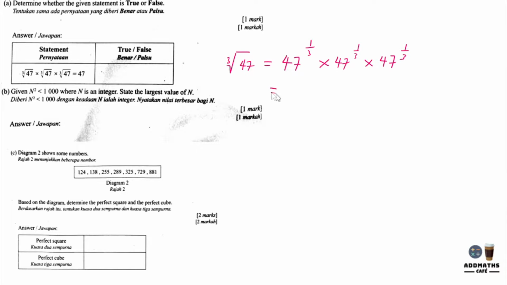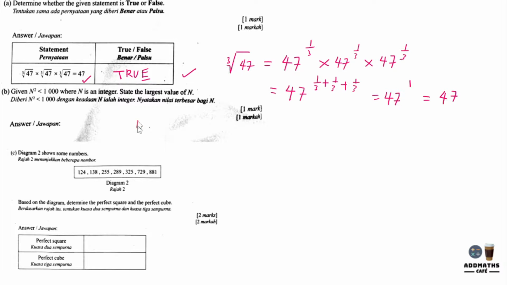In this case, the power is 1 over 3 plus 1 over 3 plus 1 over 3. You will get 47 to the power 1 because 1 over 3 plus 1 over 3 plus 1 over 3 will give you 1, which is the final answer 47. So if these three are multiplied together, you will get 47. Is this true? Yes, it is true.